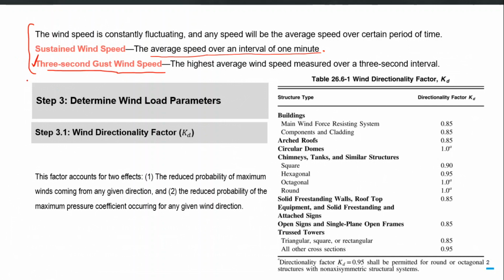And then there are different empirical expressions also available, which can convert approximately a wind speed which is determined over a different interval into another wind speed which is the maximum number in any different interval. So there are expressions available which can convert the sustained wind speed into 3-second gust, but obviously the final wind hazard definition should follow this definition.